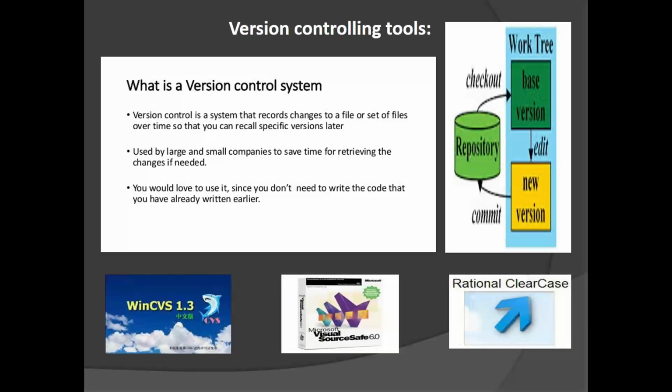Generally these changes are identified in the form of numbers or alphabeticals, known as revision numbers or revision labels. For example, whenever you start a project, let us consider we are doing an ATM application system. We start with ATM application 1.0 version.